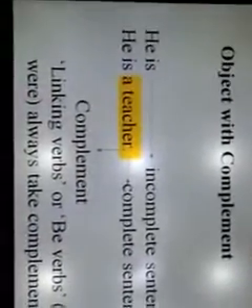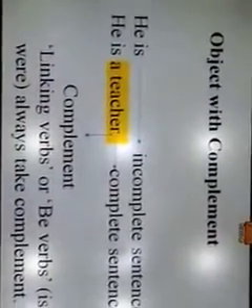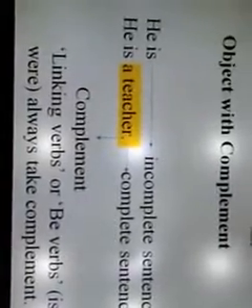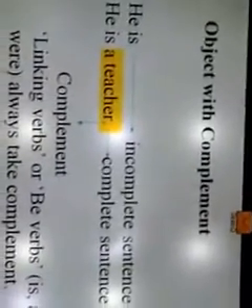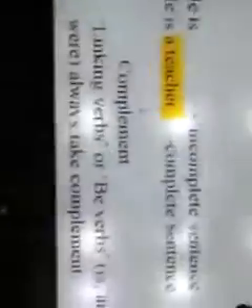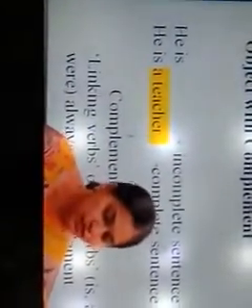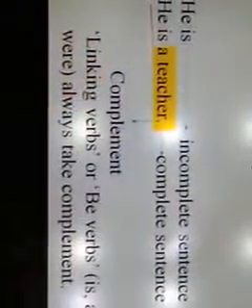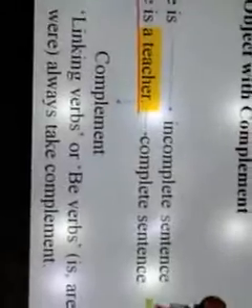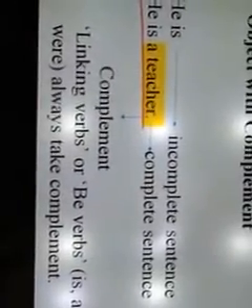Here is one more type of predicate we have. Look at these two groups of words. Which one of these sentences is correct? He is a teacher. Obviously, he is a teacher is the correct sentence.